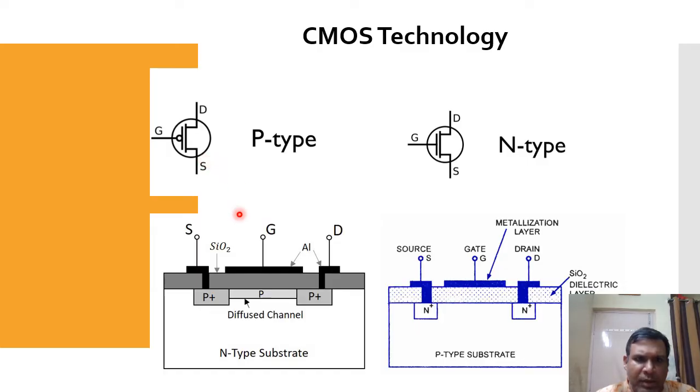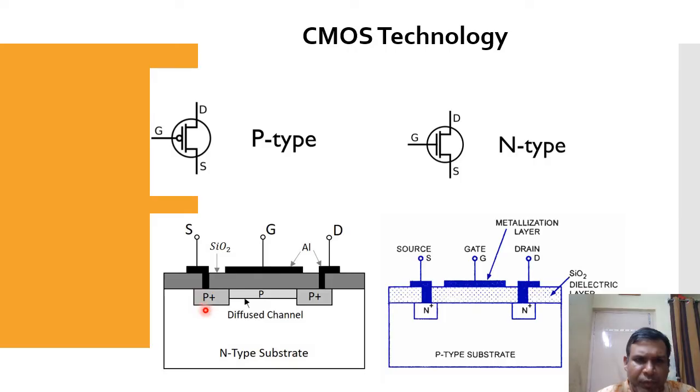Coming to the physical structure of the P-type MOSFET, this terminal is the source, this terminal is the drain, and this terminal is the gate. The source, drain, and gate terminals are all metal contacts.